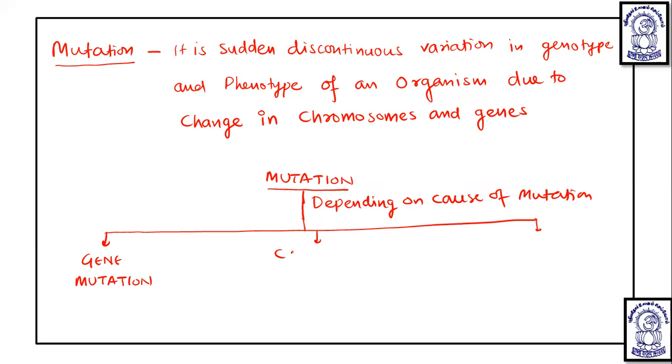Another one is chromosomal aberration. And the third one is genomic mutation. So these three types of mutation are seen: gene mutation, chromosomal aberration, and genomic mutation. These are based on the cause of the mutation. So let's study all these mutations one by one.